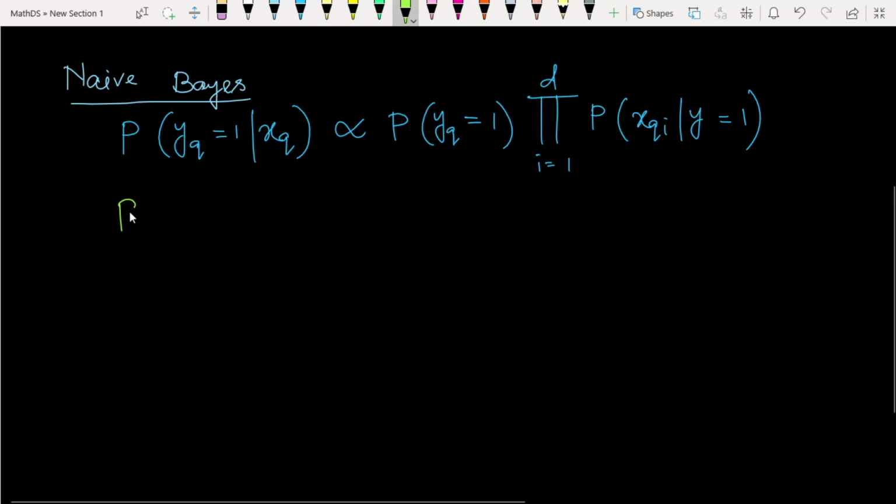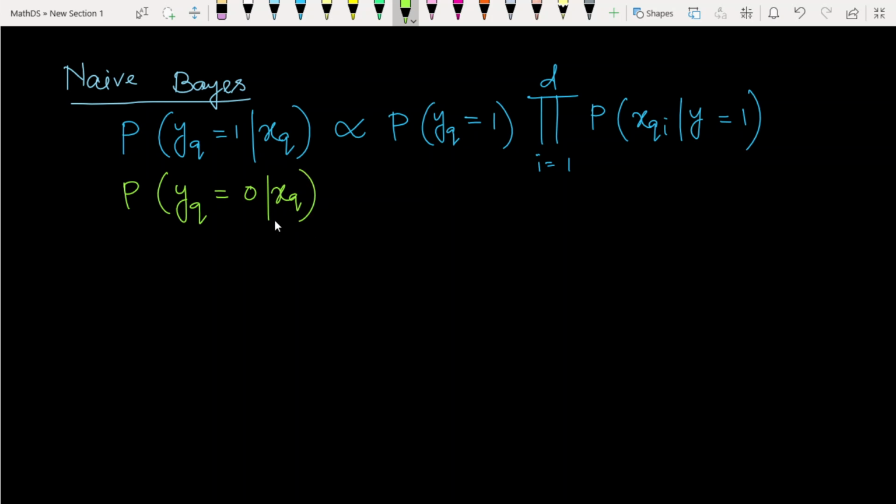Similarly, for the probability of yq equals 0 for the given query point xq, this value will be given by a similar formula.